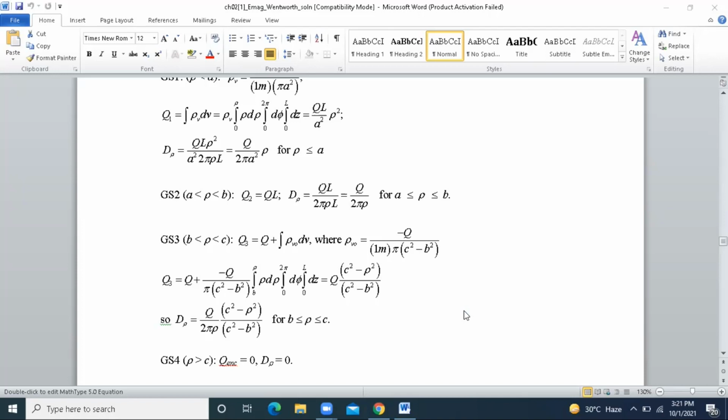So GS1 would be the conductor. GS1 is from 0 to A. GS2 is from A to B. And GS3 is from the inner surface of the outer conductor to the outer surface of the outer conductor.